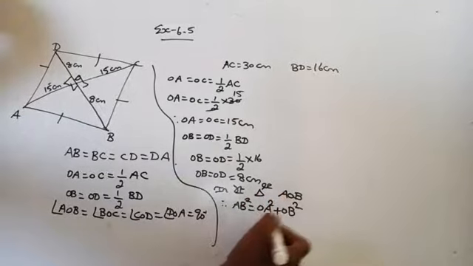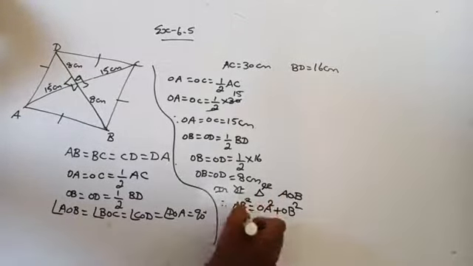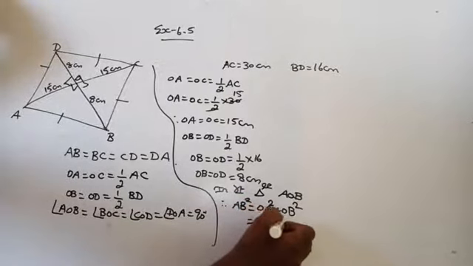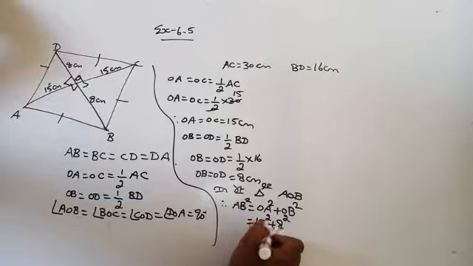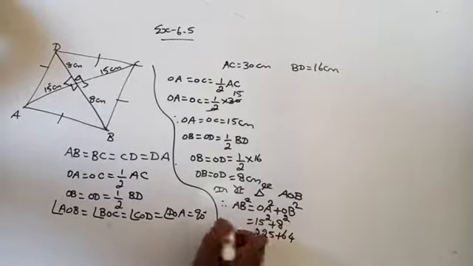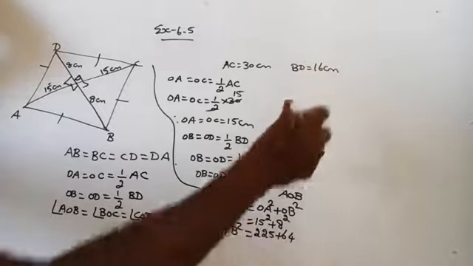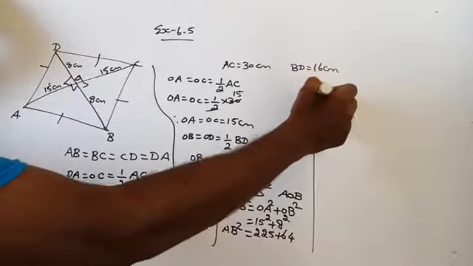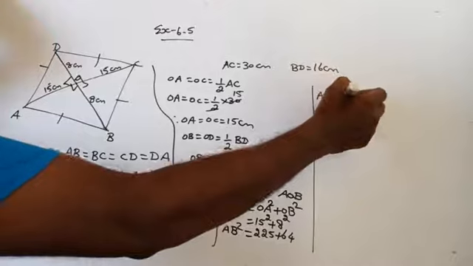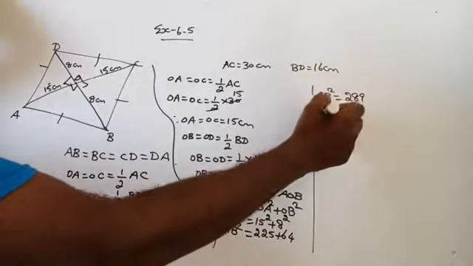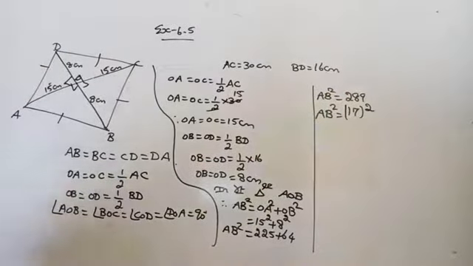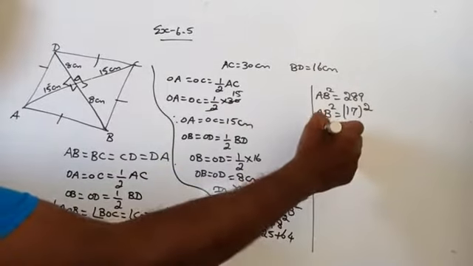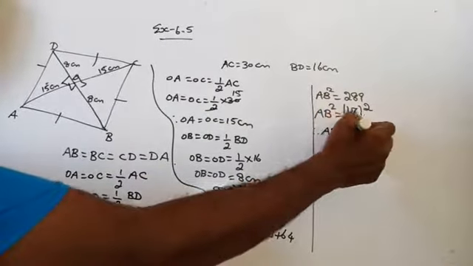So AB square equals OA square plus OB square, 15 square plus 8 square. 15 square is 225, 8 square is 64. AB square is equal to 289. 17 17s are 289. Therefore AB equals 17 centimeter.